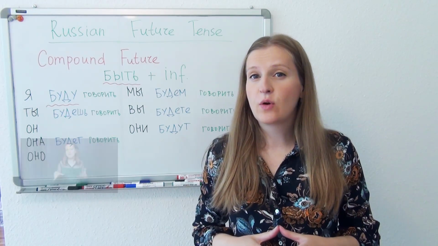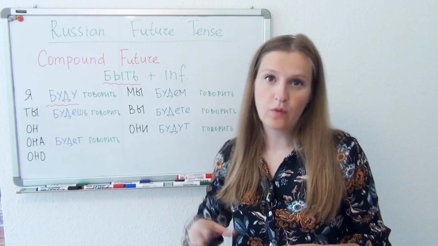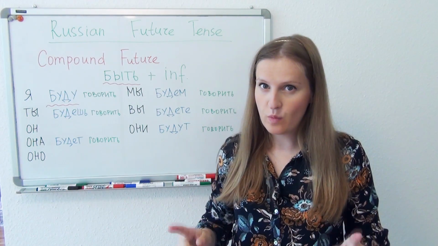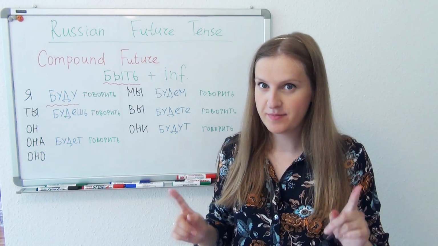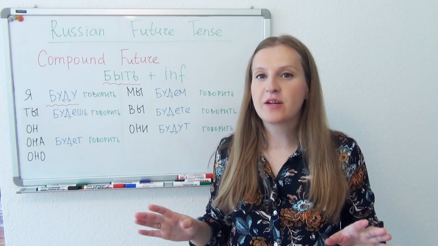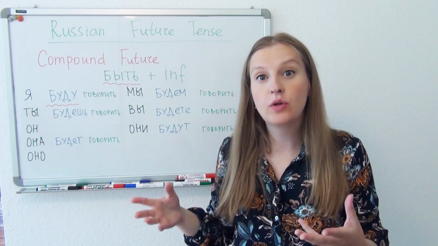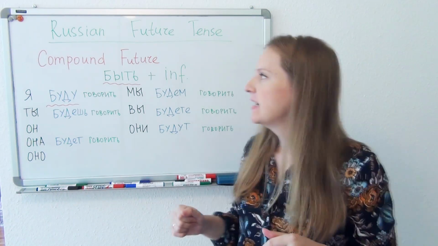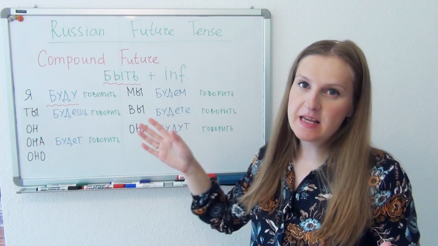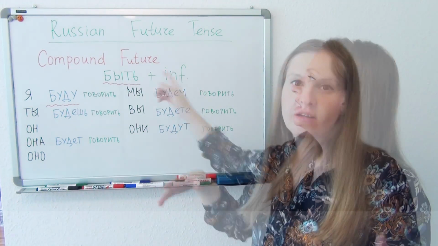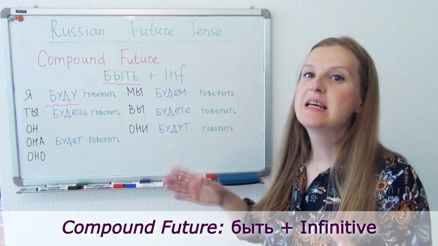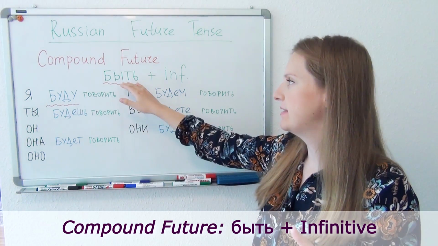So now we're going to talk about the compound future form when we deal with imperfective verbs. Do you remember? So we talk about actions which are regular or continuous, ongoing in future. So in this case we use the following structure. After the subject we need the auxiliary verb быть.